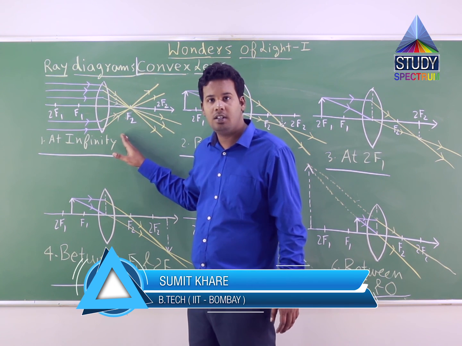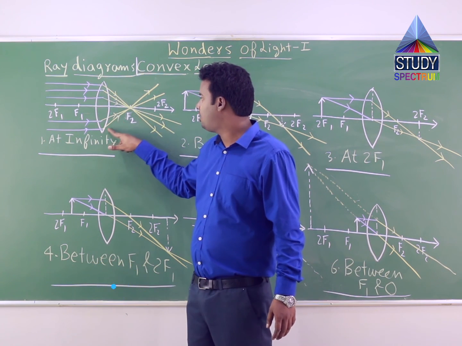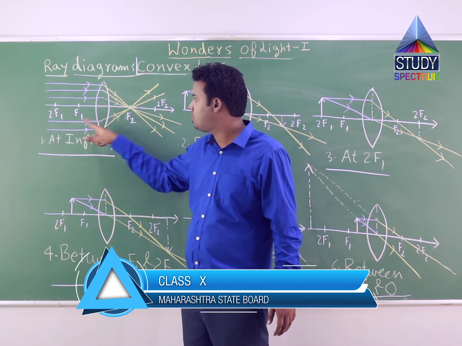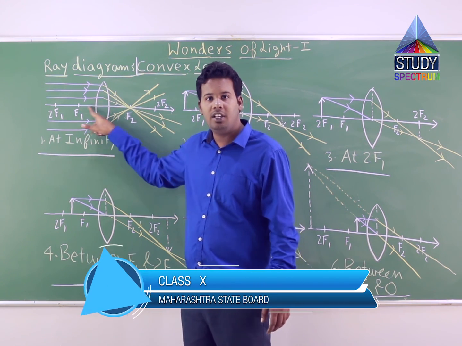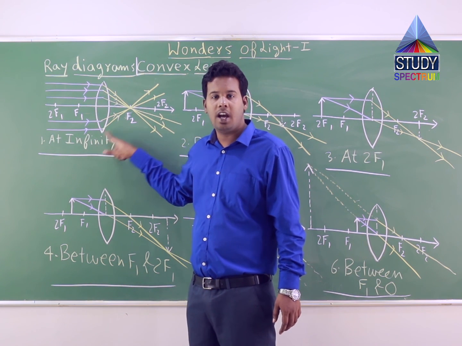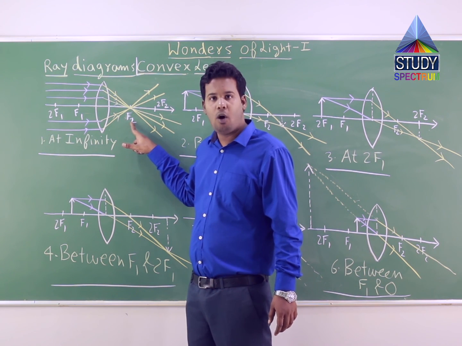So what are the 4 results? Image formed at F2, which you can see, all these lines after refraction from this convex lens are meeting at F2. Why? Because these lines are parallel to the principal axis, and rule number 1 says, if these incident rays are parallel to the principal axis, they should converge and meet at F2. Correct? So the first result, image being formed at F2.